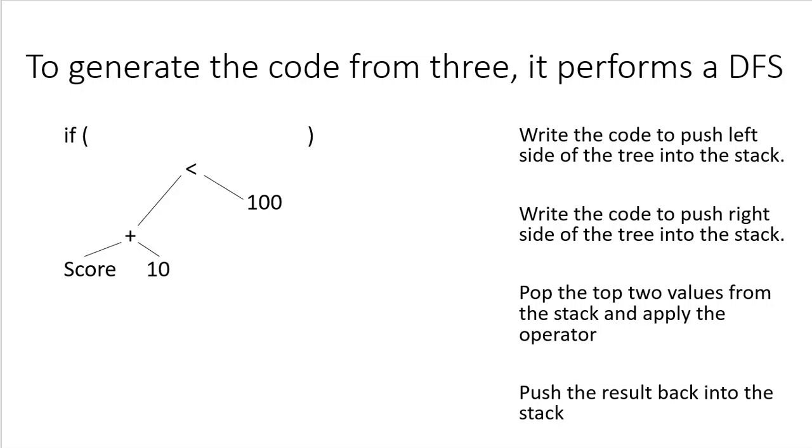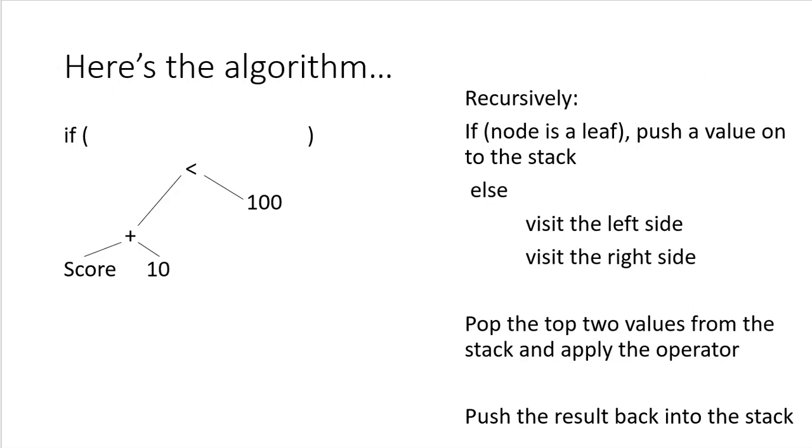So let's write that process out a little more formally. We'll write an algorithm here. Recursively, we're going to visit the tree. If the node we're visiting is a leaf, we're going to get the value and push that onto the stack. So if it's a variable, we just read that variable and push it onto the stack. Maybe if it's the return result of a function call, we make the function call and push the result onto the stack.